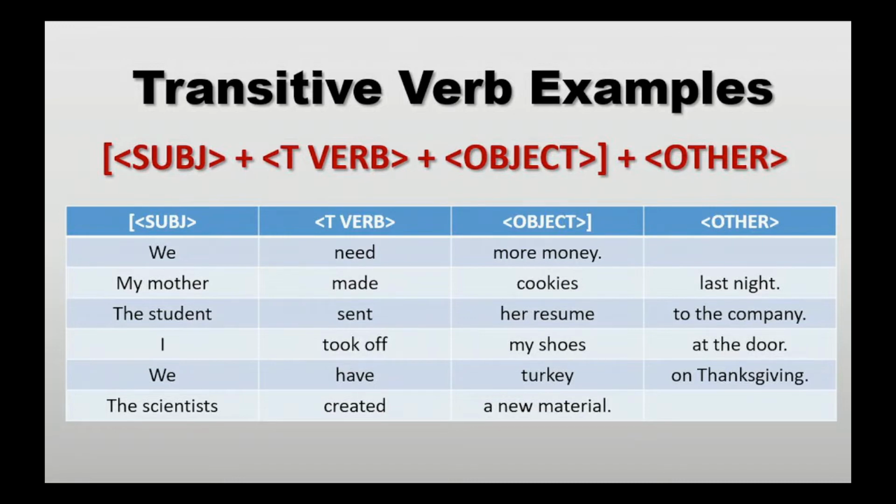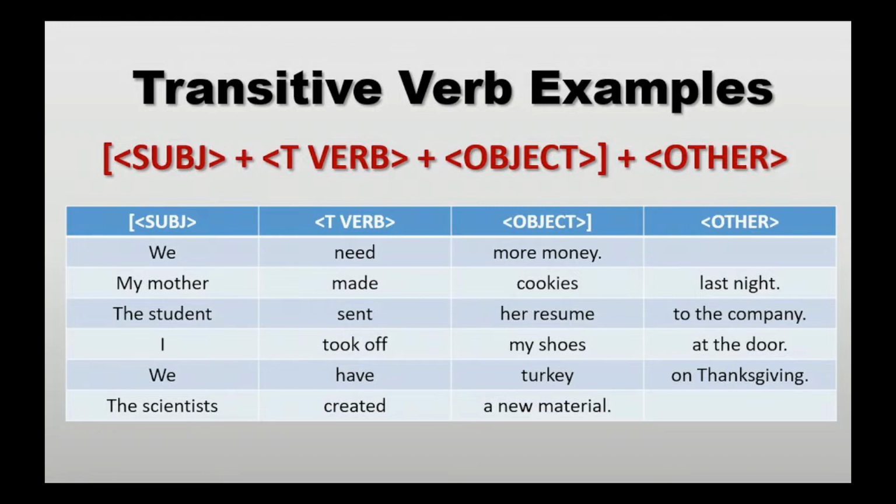This doesn't have other stuff, so we'll read this straight through. We need more money. Keep all of this together. Don't say, we need, because a native speaker knows need is a transitive verb. So if you say, we need, there's waiting. Well, we need what? What's the object? So, we need more money. You've got to keep that together.